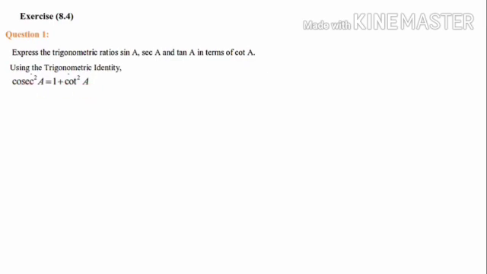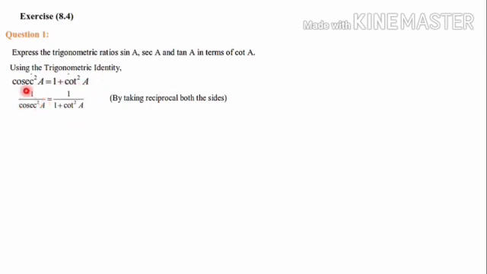Then we know that 1 by cosec A is sin A. On the left side we have to change to 1 by cosec A, but left side alone we cannot change, we have to change both sides. So we have to take the reciprocals. 1 by cosec square A is equal to 1 by 1 plus cot square A. Left side also we have taken reciprocal, right side also we have taken reciprocal.